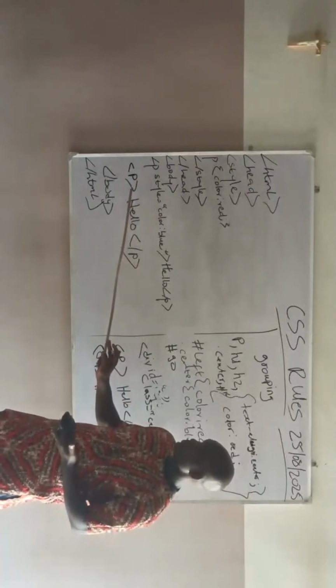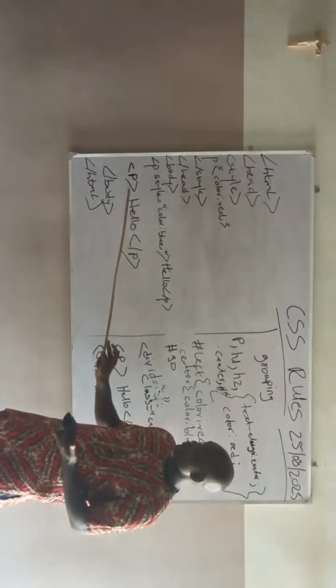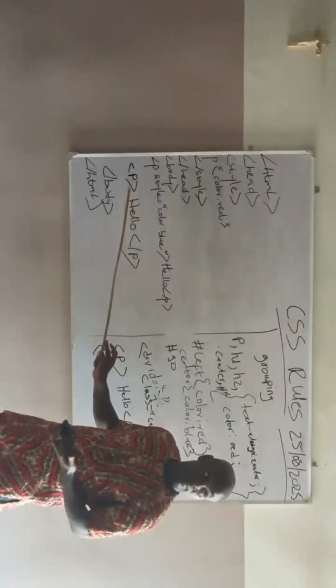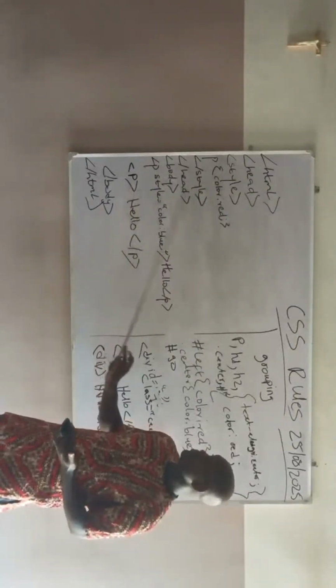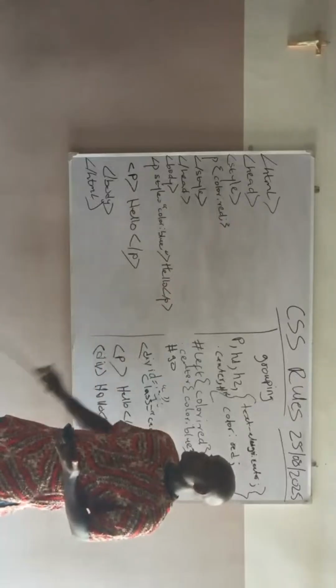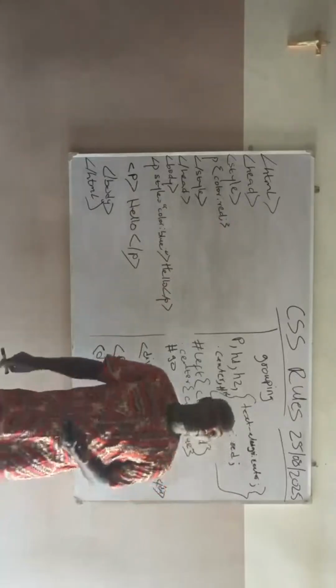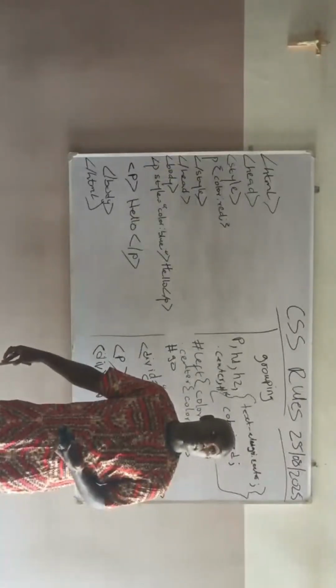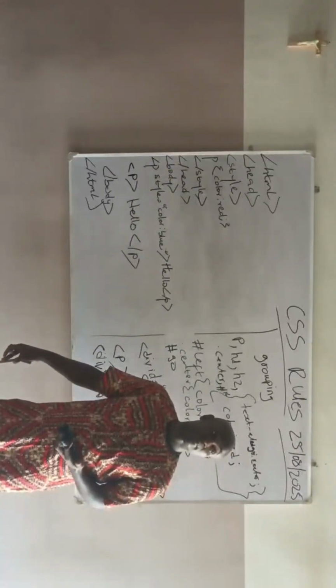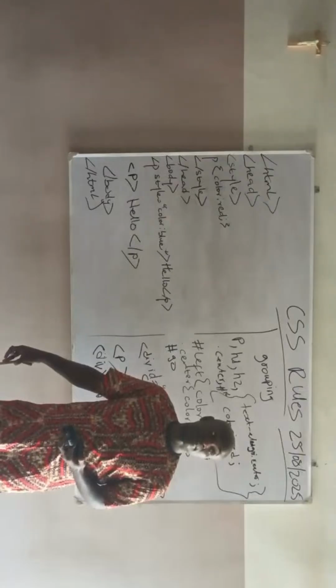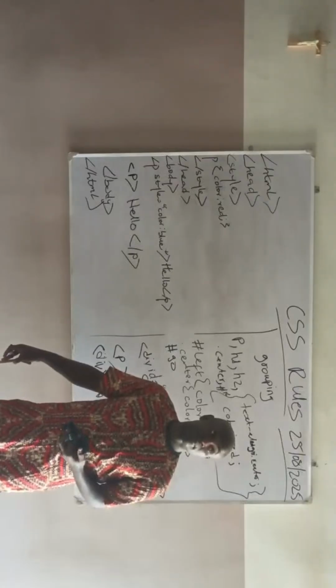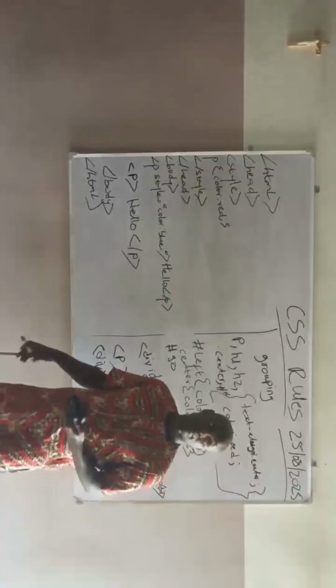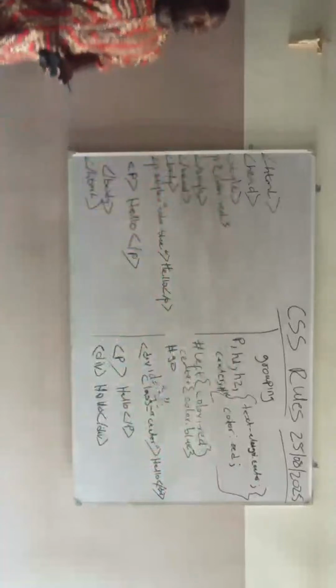Then this one will be which one? The first element. Why? They are to create paragraph on the top, so all the paragraphs were the first one. It created the attribute. Give me an answer.